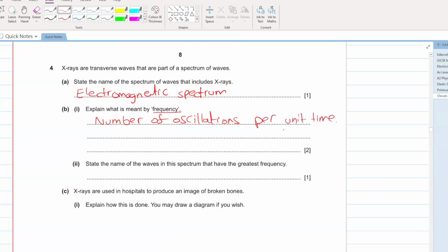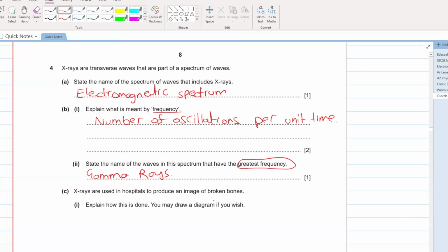Simple, nothing complicated here. State the name of the waves in this spectrum that have the greatest frequency. Beta, which waves have the greatest frequency? Gamma rays. Simple.